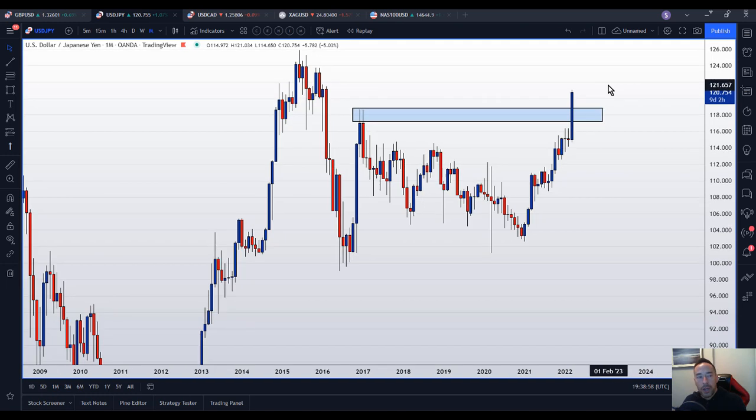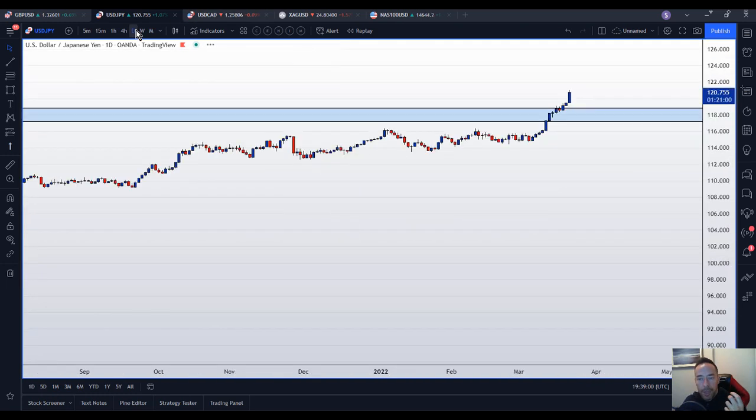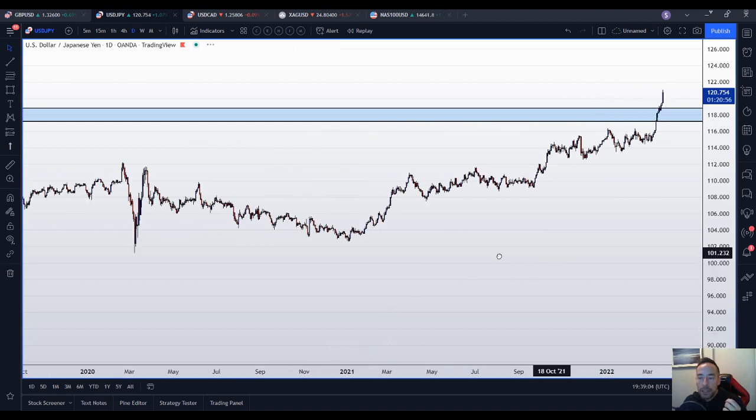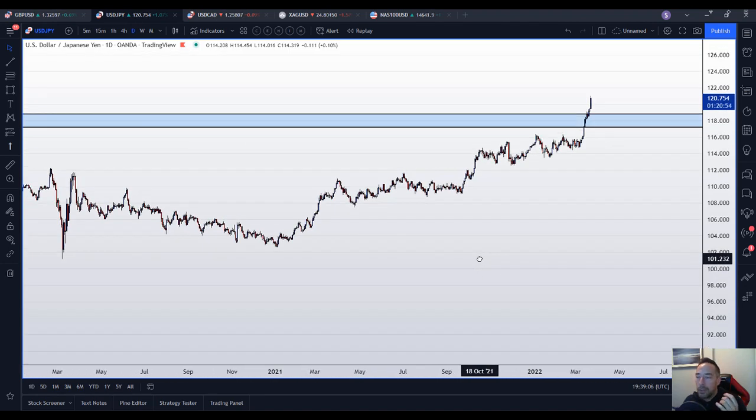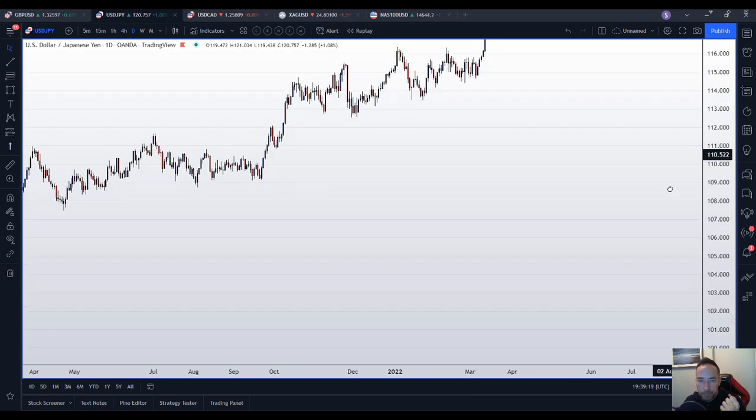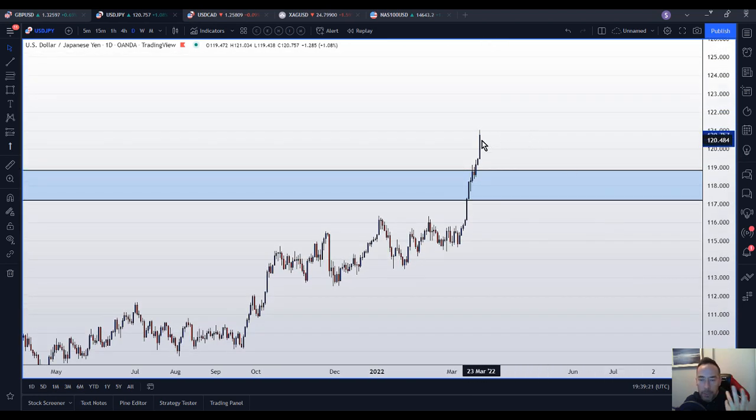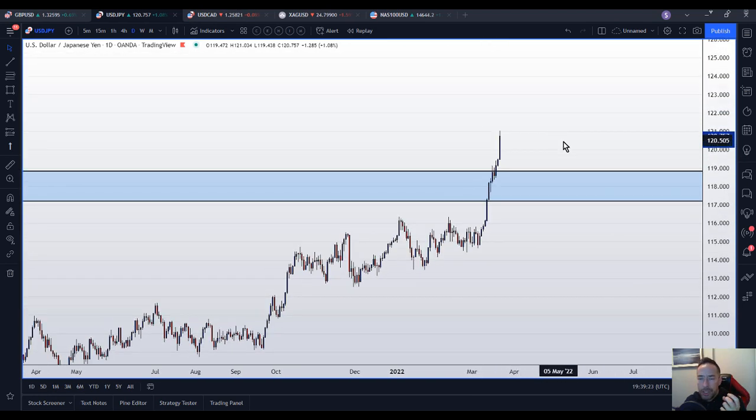All I can say to you guys is, at the moment, yen weakness is just throughout the market. I'll tell you what I would do and what I wouldn't do. So for instance, this is the daily candle on yen at the moment. Very, very strong candle. Very, very bullish market.